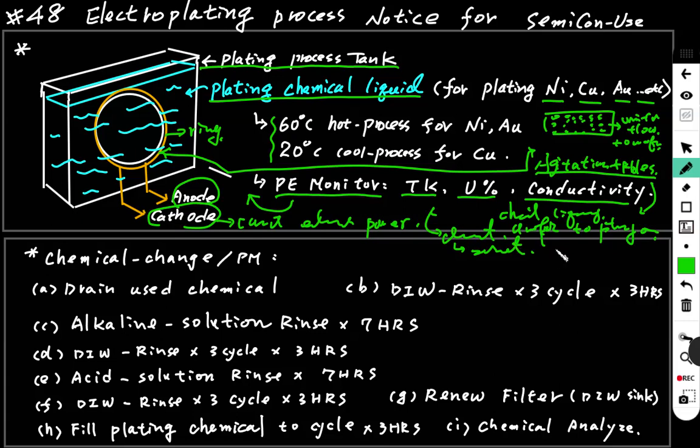The low-end compound has very poisonous cyanide components, which is dangerous but effective. The new type of chemical has no cyanide or just less cyanide to do the plating.